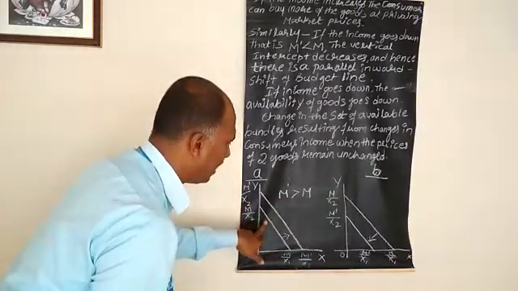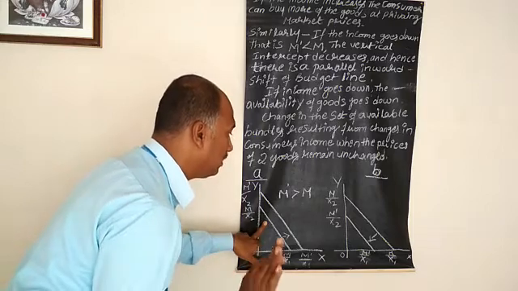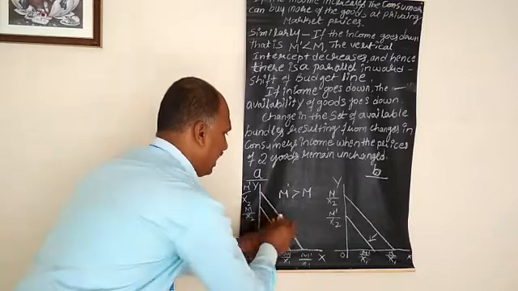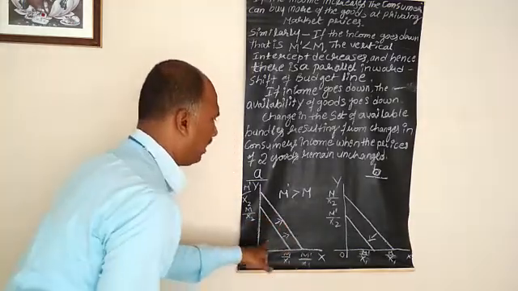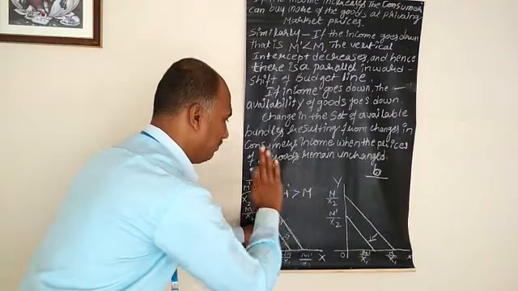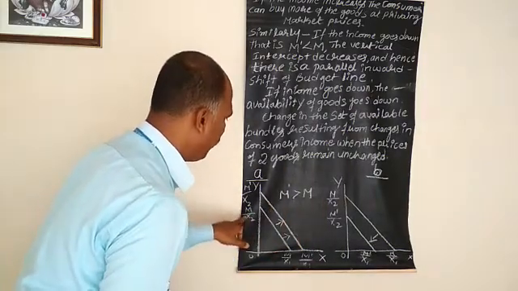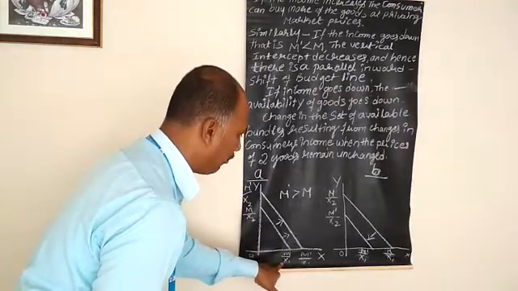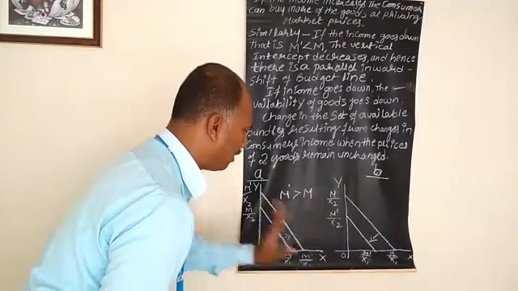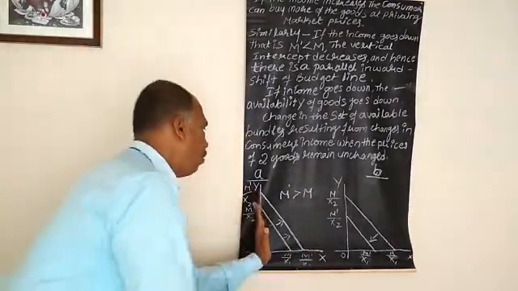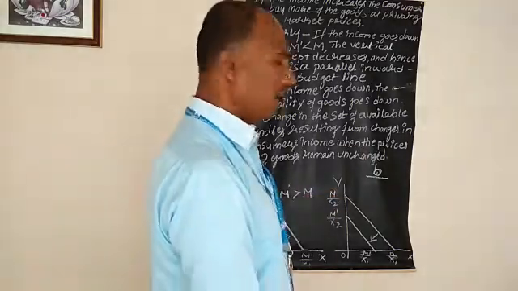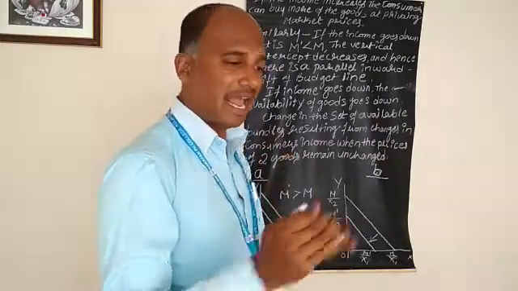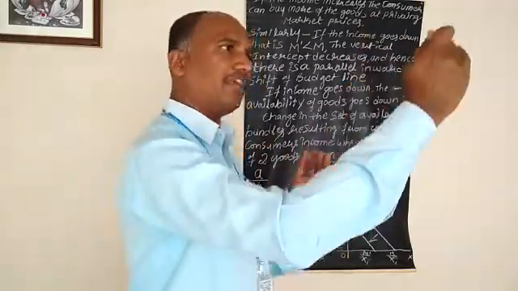This line is the budget line at the previous income. When income increases, the budget set shifts to the right: M divided by P2 and M dot divided by P2 on one axis, and M divided by P1 and M dot divided by P1 on the other axis, an outward shift. In Diagram B, when the consumer's income decreases, the budget line shifts inward, from right to left.